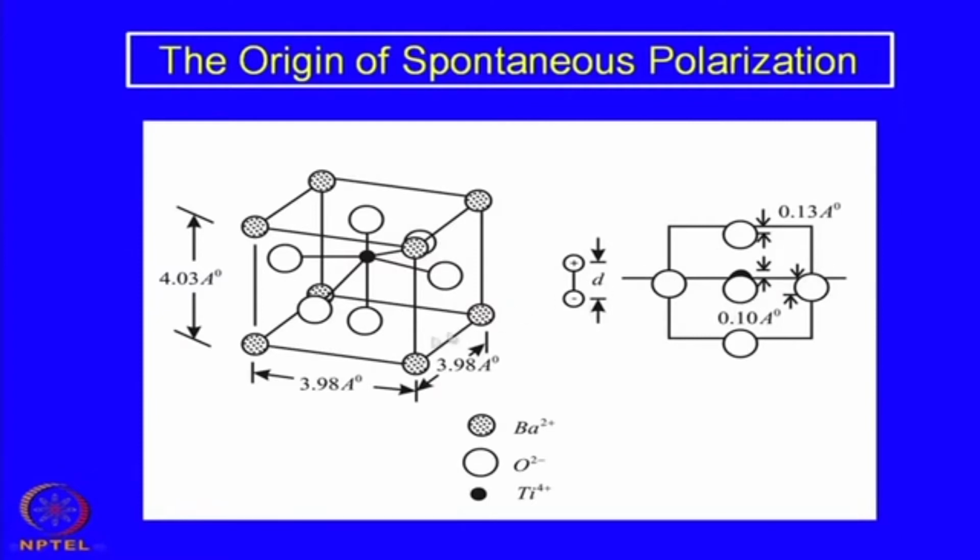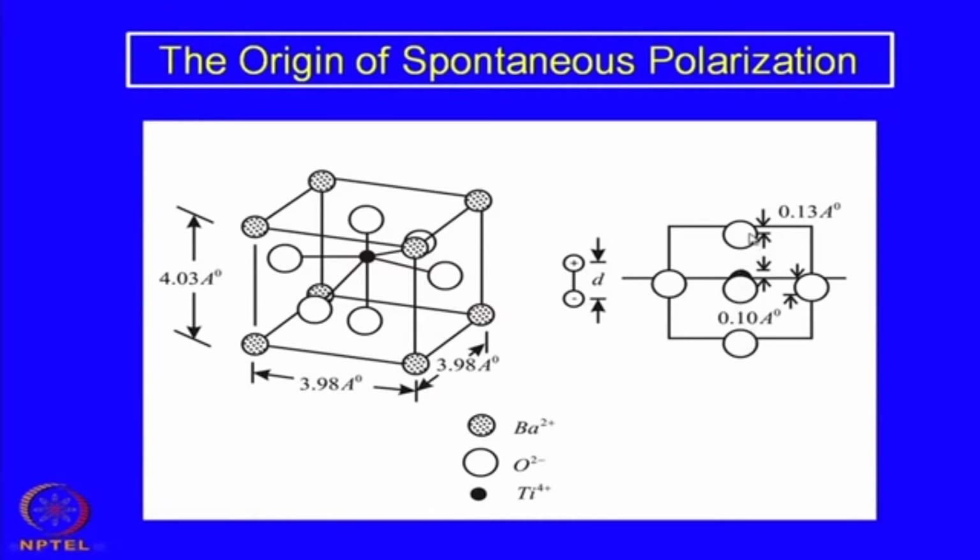If we take the cross section of this cube, these are the oxygen ions. These are on the two side surfaces, this is on the top surface, this is on the bottom surface, and this is on the front surface. So, there are 5 oxygen ions you can see here from the cross section, and all these oxygen ions are displaced a little bit downwards.